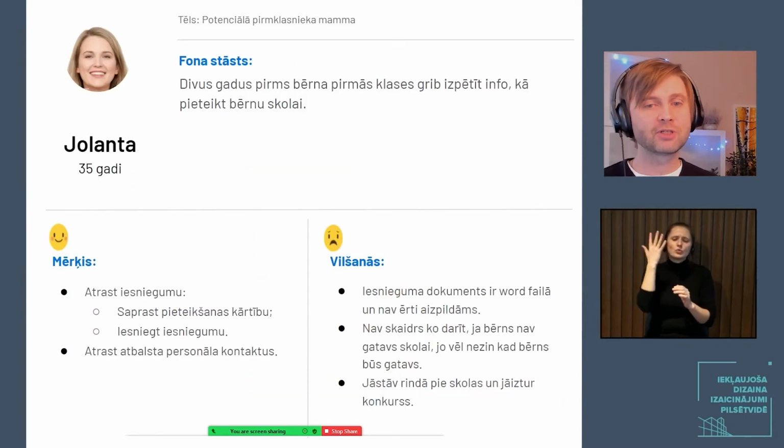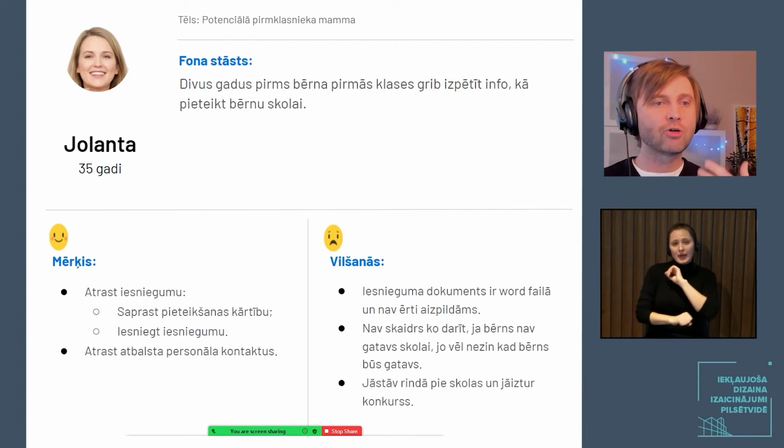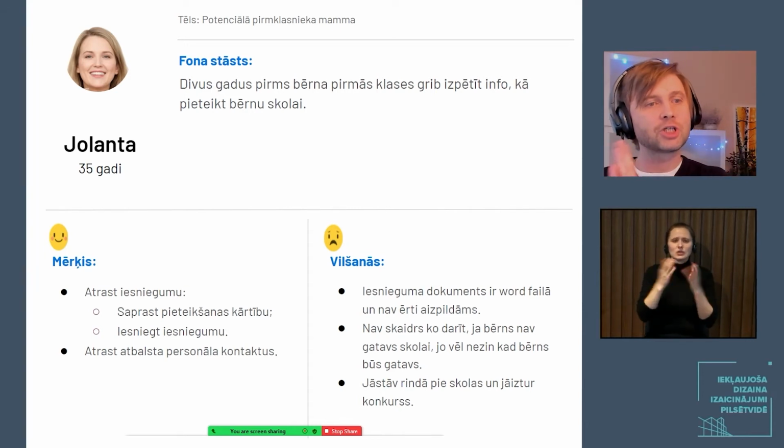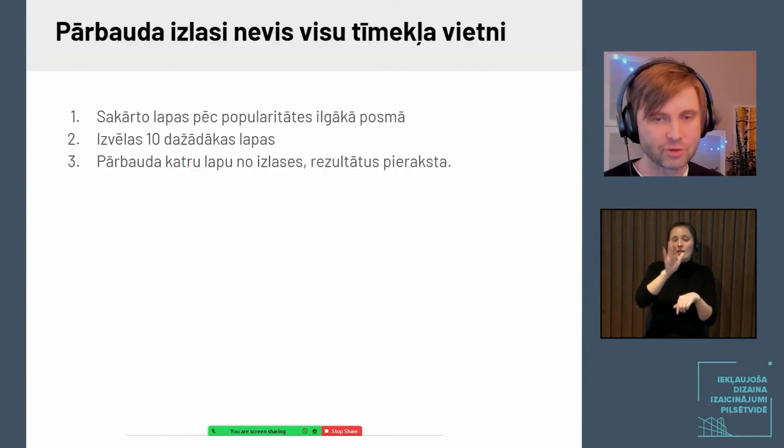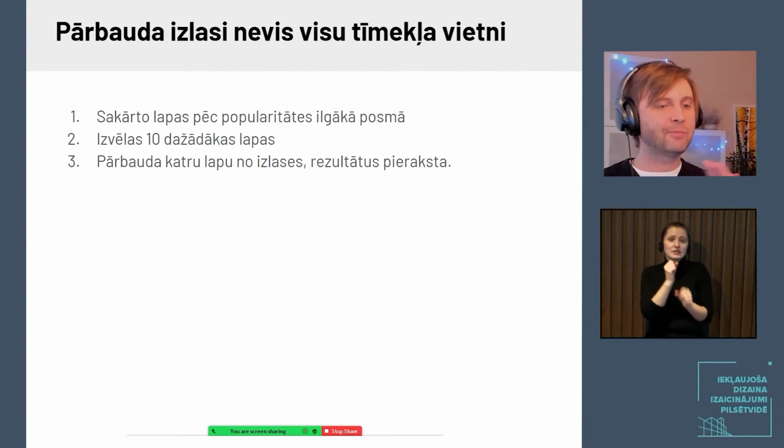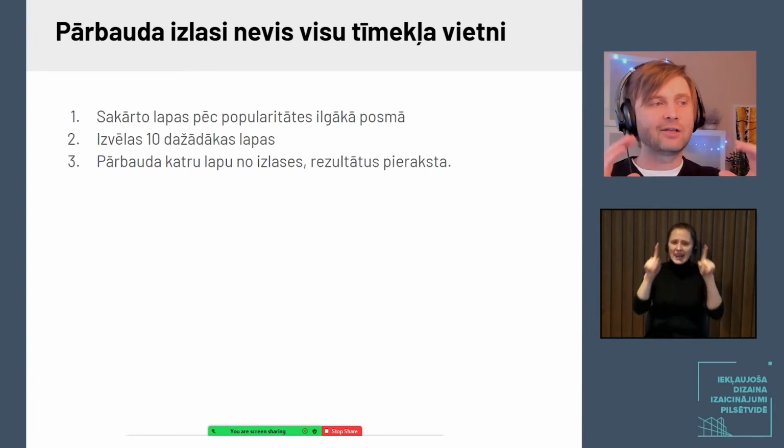Where do they come from? What is important for them? What do they think, and also the context. What is the goal they want to achieve when they enter this site? And when we have defined the audience, we can test scenarios.